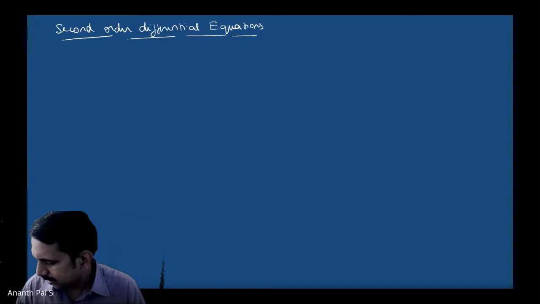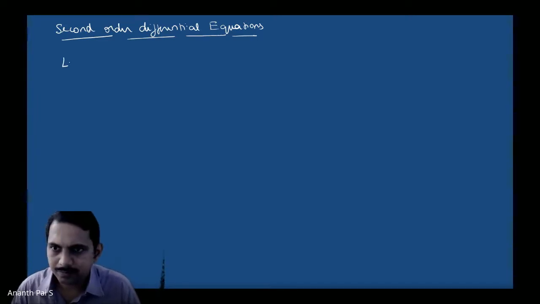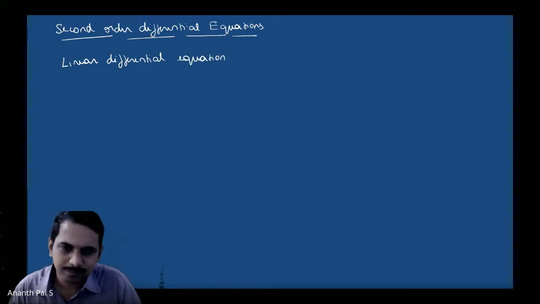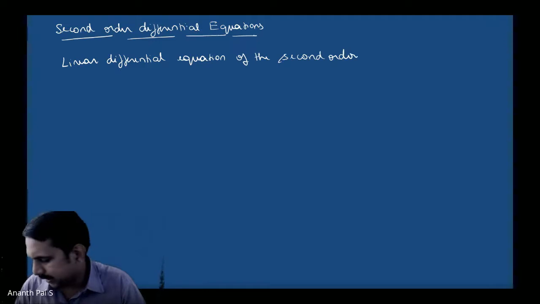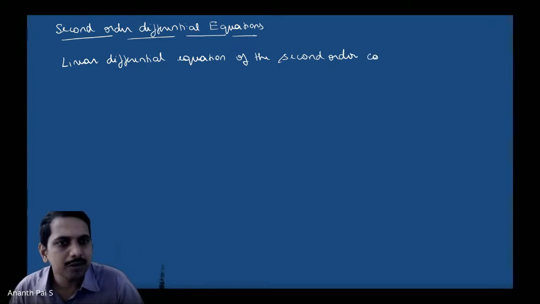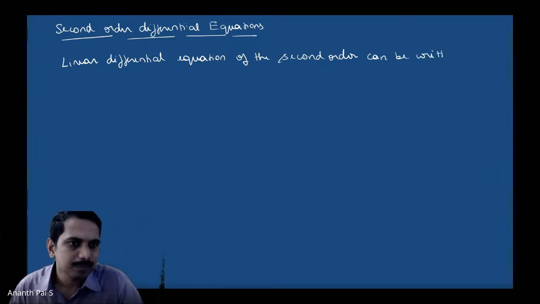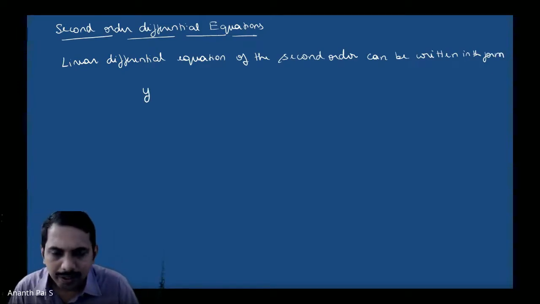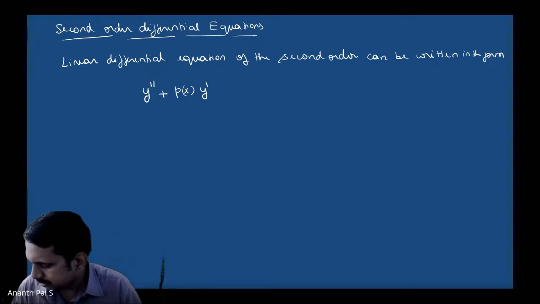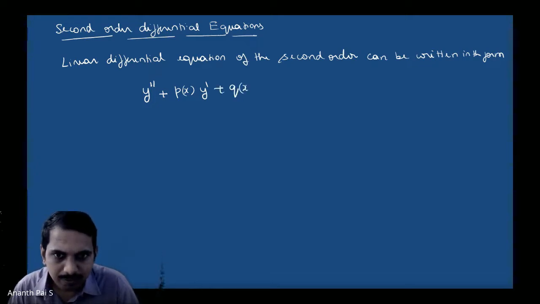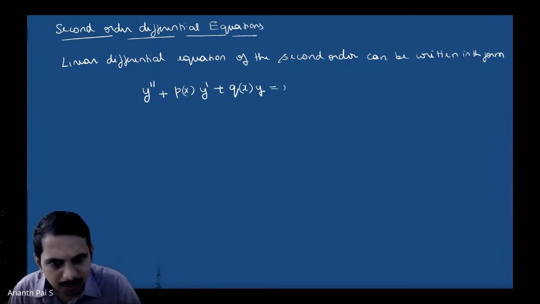Now, a linear differential equation of the second order can be written in the form y double dash plus p of x y dash plus q of x y is equal to r of x.